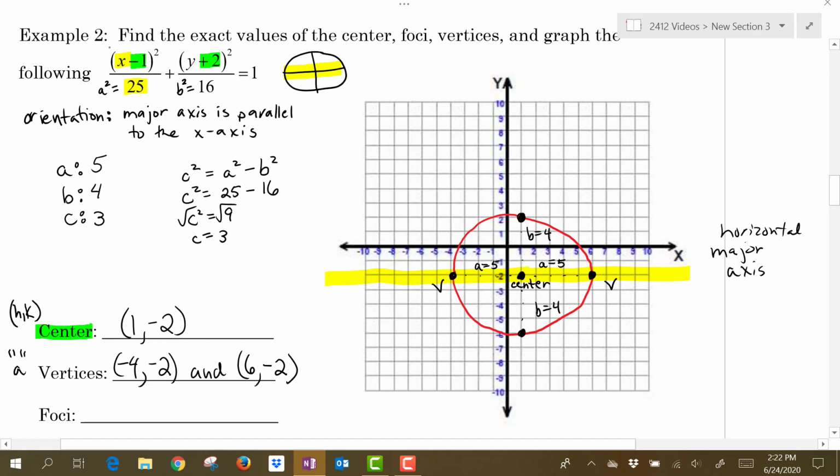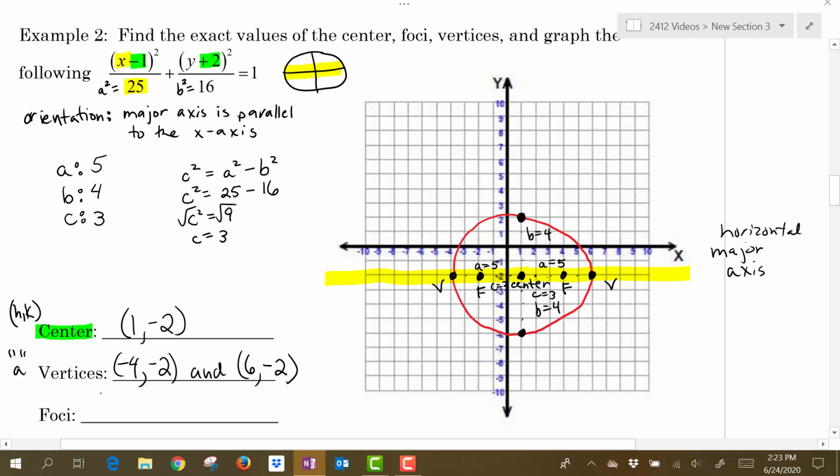Alright, now what about the foci? For the foci, we're going to go along the major axis, starting at the center. We're going to go 3 units to the right. Alright, and we'll plot the focus 3 units to the right. Remember, that comes from the C value. We're going to go back to the center. We're going to go 3 units to the left. We'll plot that point, and there's the focus 3 units to the left.